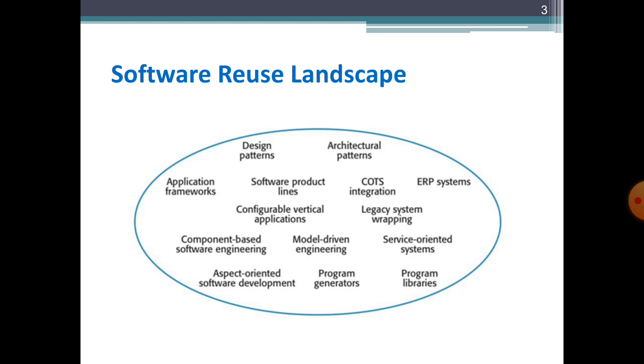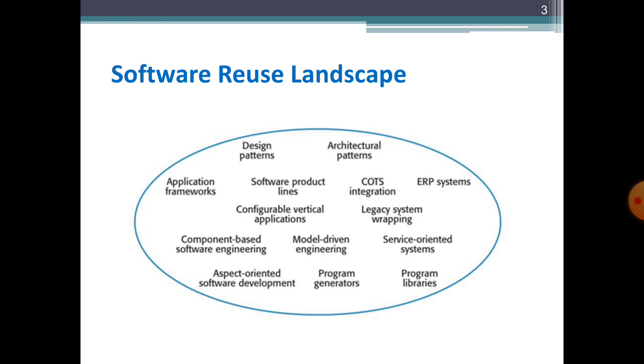The factor number one can be the development schedule for the software. The other factor can be the expected lifetime of the software which we are going to build. Another important factor is the background skills and experience of the development team, and the criticality of the software and its non-functional requirements is another aspect, and its application domain is also an important point while we choose the most appropriate reusability approach.